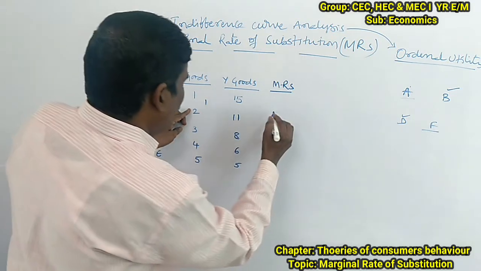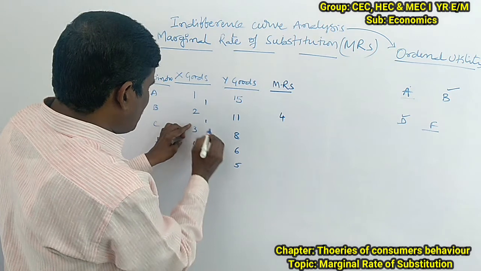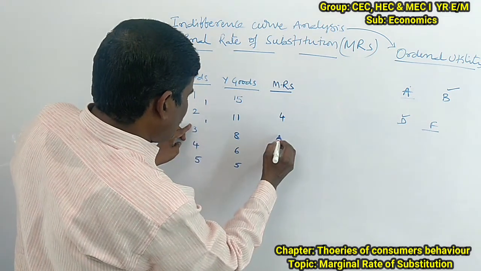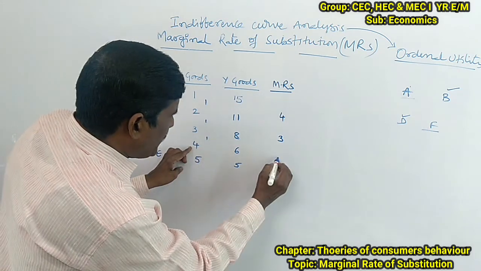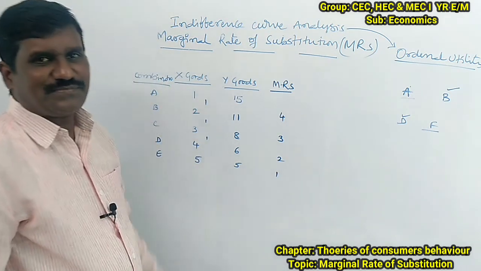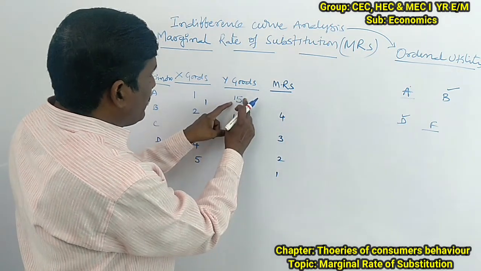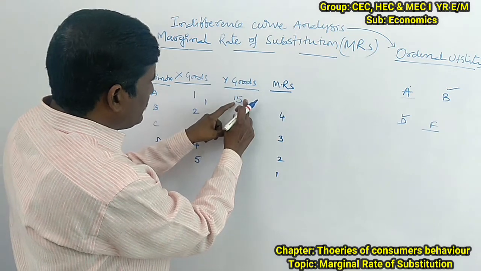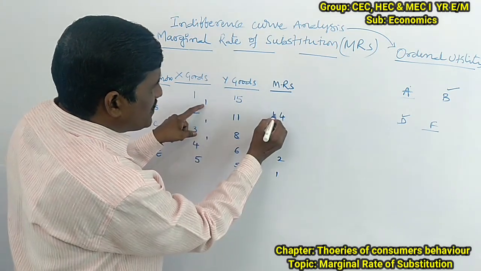He reduced 4. Then for additional x, he reduced 3, and for additional x, he reduced 2, and then 1. What is it? 4 ratio, 4 rate. The rate of 4 is substituted for an additional 1. 1:4.